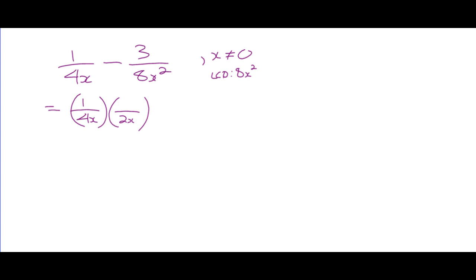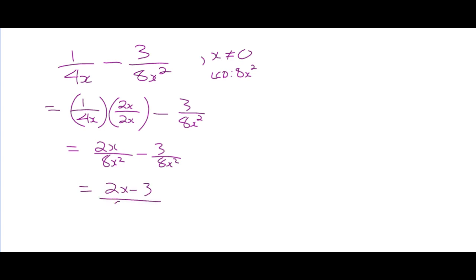So the 4x needs to be multiplied by 2x, and a 2x here as well. Minus, this sign just comes down, and 3 over 8x squared. It already has the denominator I need, so we don't need to do anything to it. So I get 2x over 8x squared minus 3 over 8x squared.